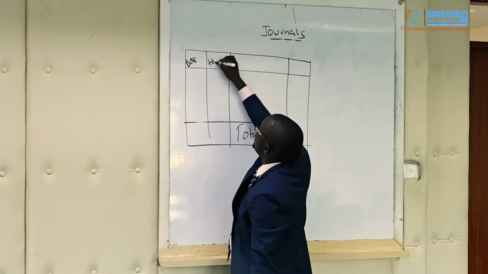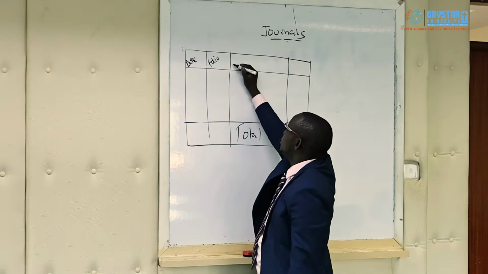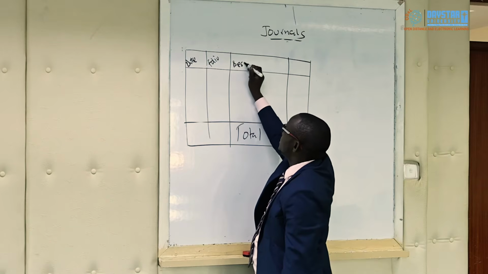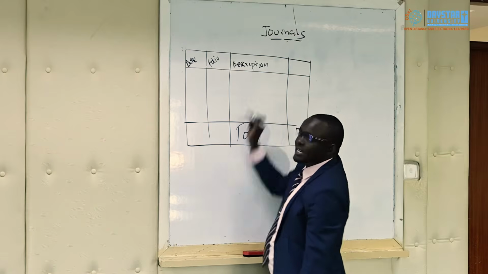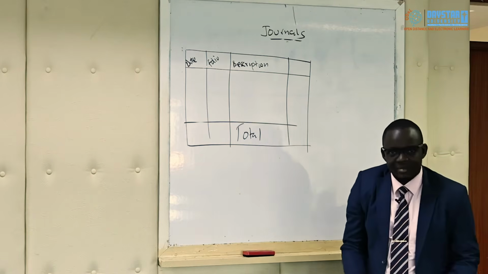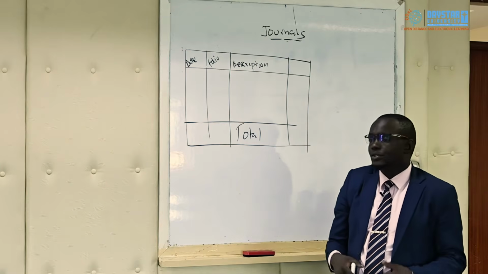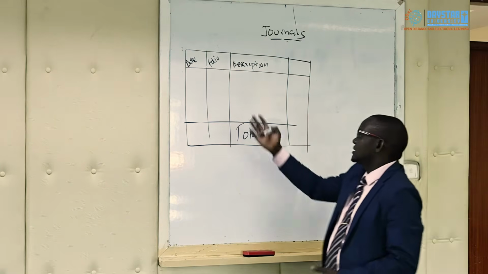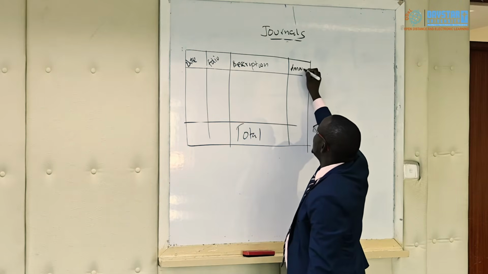Here we have what we call folio. Folio is a unique identifier to the transaction or the person who is involved in the transaction. Sometimes a folio can be an ID number, a national identity number. If it's a person, folio can also be a passport number. That can be termed as a folio. Then in this column we have amount.